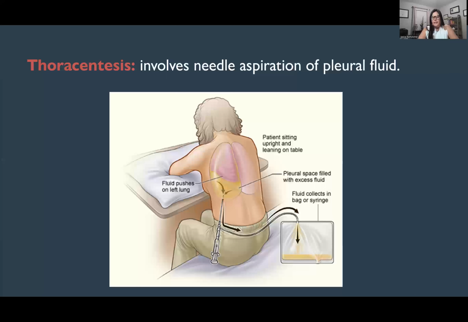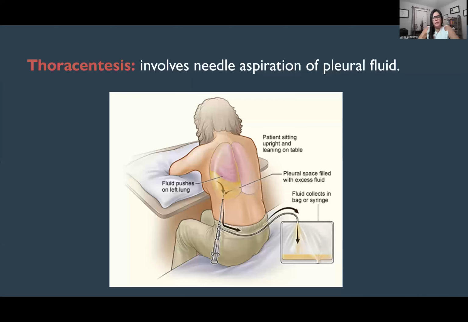So again, it's an invasive procedure, so you get a consent. This could be done right in the patient's room, at the bedside. They sit the patient just like this picture, lay their arms like that on the bedside table. The doctor aspirates in the back. Sometimes they could take big old liters of fluid, and then they send that fluid for culture.